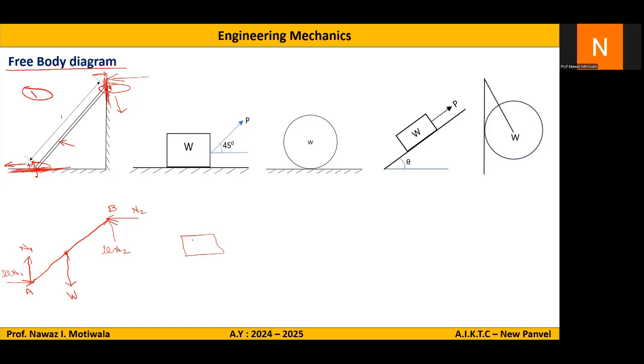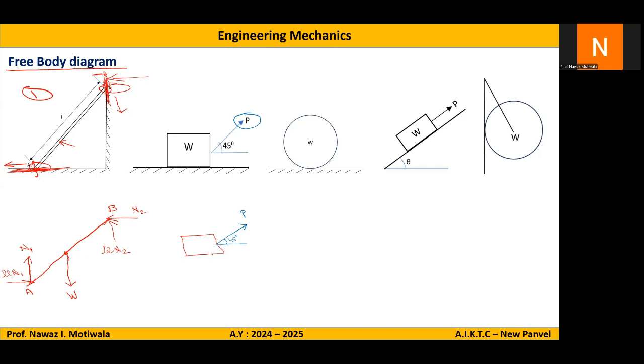The first thing to be shown in the free body diagram is the applied force. So here in the given question, you can see that there is a force P which is applied at an angle of 45. So I will show the applied force as it is. So this is force P acting at some angle theta, that is 45. So I have completed my first part, that is, show the applied forces.